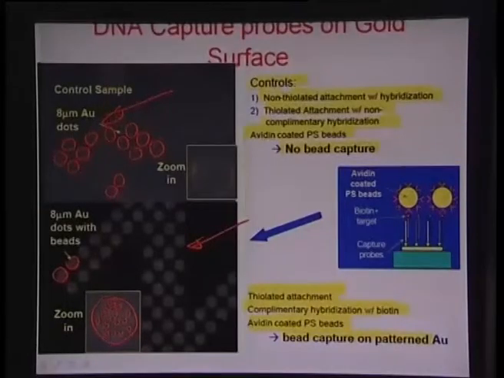So now we come to another very interesting area, which is DNA hybridization microarrays. This area is essentially a very big business nowadays. Billions of dollars are involved in this diagnostics. One area is about building of DNA microarrays.